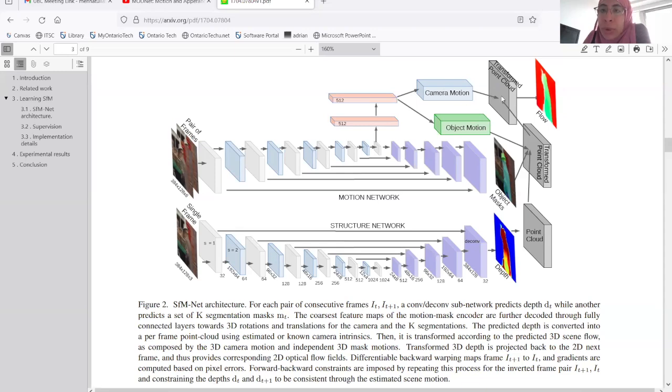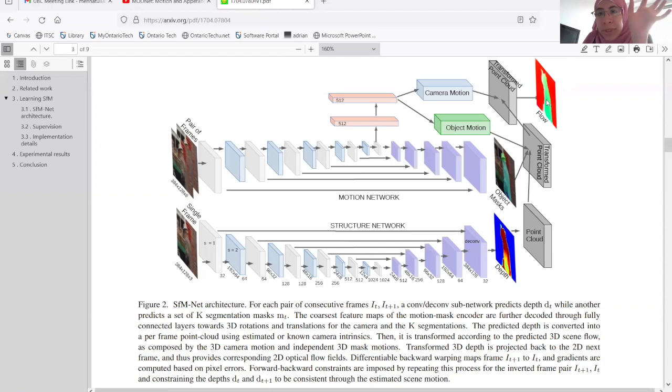And from this transformed point cloud, you can project it back to the image and estimate an optical flow. And you can use that to ensure consistency. So if you're doing it between pairs of frames, whatever has this transformed point cloud, when it gets projected, you want to make sure that there is some consistency, and the intensity is actually matching after applying this flow.